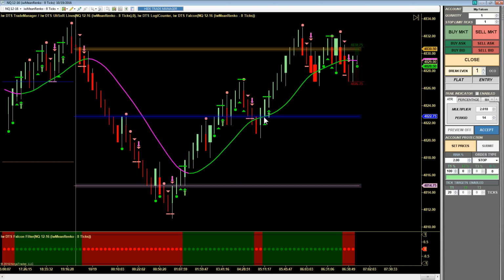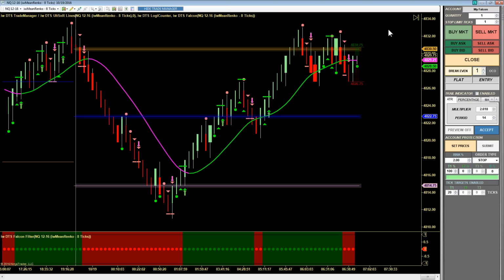The late filter entry signal, pretty easy to identify. Everything stays in sync except the filter. Filter goes out of sync and must come back into sync. We printed a buy signal here and a nice little swing rally out of that.